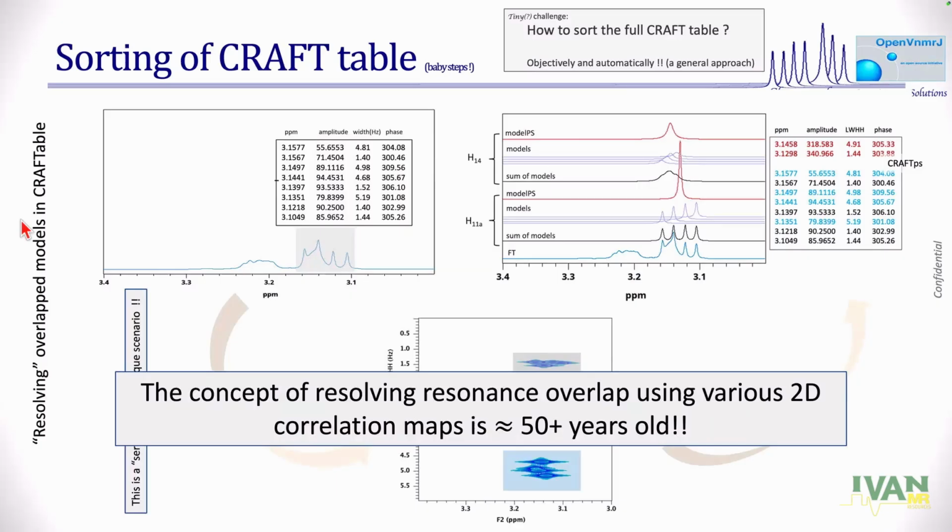We started off with COSY, and then we say, okay, no, I'm going to do an HSQC, more modern, and then I do all kinds of fancy variations of HSQC, non-uniformly sampled, whatever you do. We rely upon 2D to do this resolution of overlap regions in the frequency domain. So the question really is, why not use a 2D to resolve the models in a tabular domain? If the models in the tabular domain represent the frequency domain as well as the time domain, it is just an intermediate step. Why not?